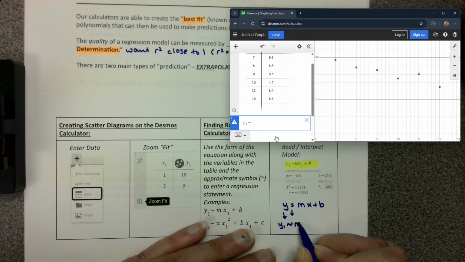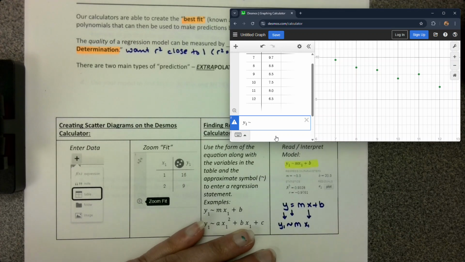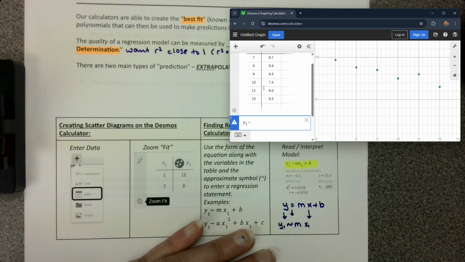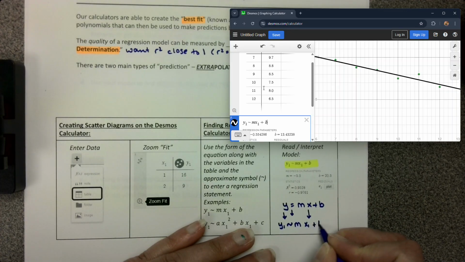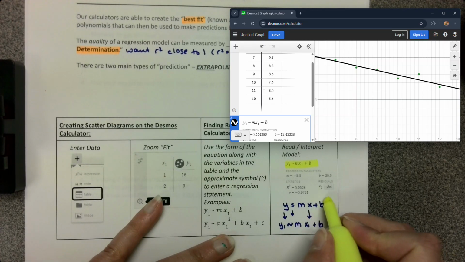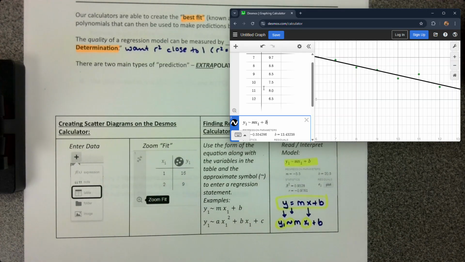We use m to calculate the slope. We use x1 to correspond with the x1 values in the table right here. So m, x1, and then plus b stays the same. So those couple of little changes from the basic form of the equation will help us remember the way to write the regression model.